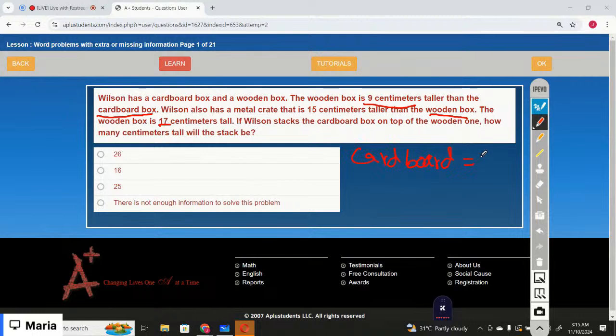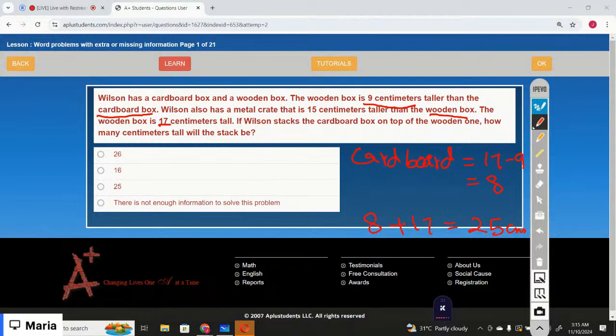The wooden box is 17, that means the cardboard box is 9 centimeters less. 17 minus 9 is 8. If Wilson stacks the cardboard box and the wooden one, the cardboard box is 8 and the wooden box is 17. So 17 plus 8 is 25 centimeters.